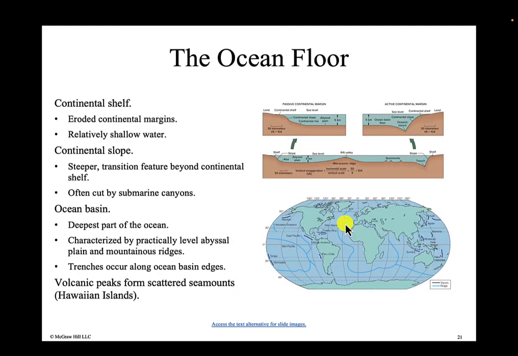The ocean floor has specific features, and I promise this is my last slide. The ocean floor has a continental shelf, a continental slope, and an ocean basin. A continental shelf is the margin where the water meets the continent. It's actually not part of the ocean, it's part of the continent.